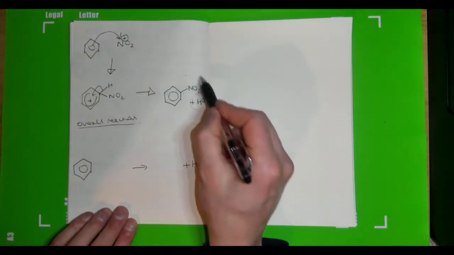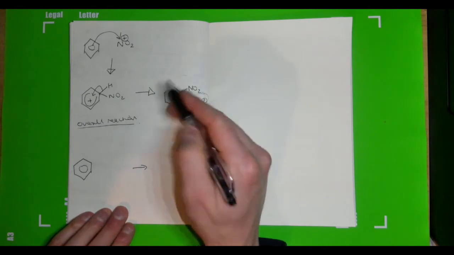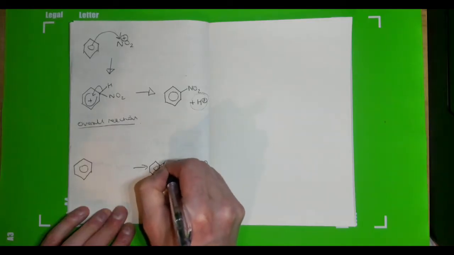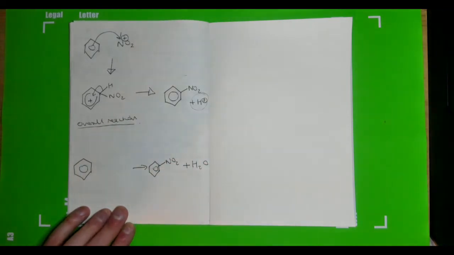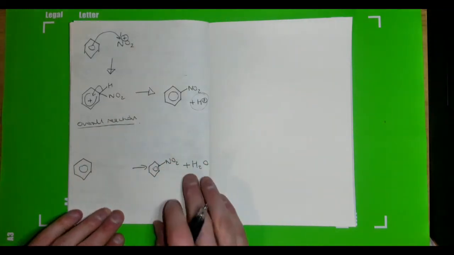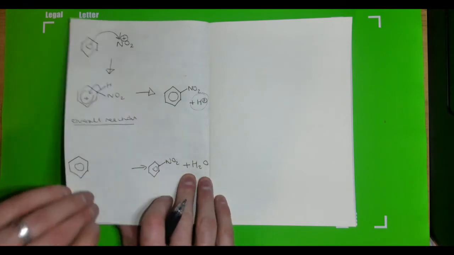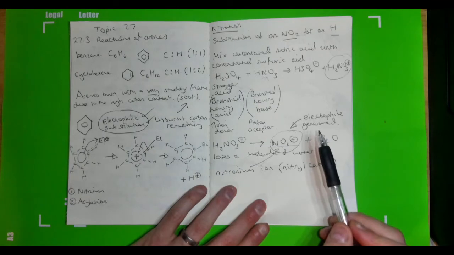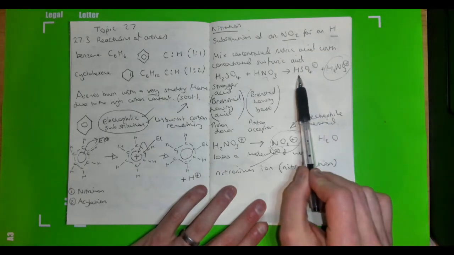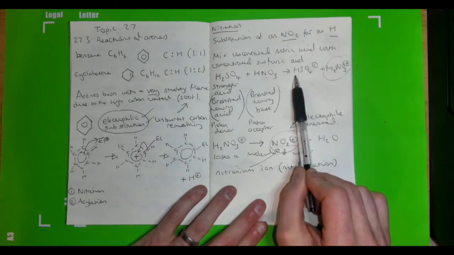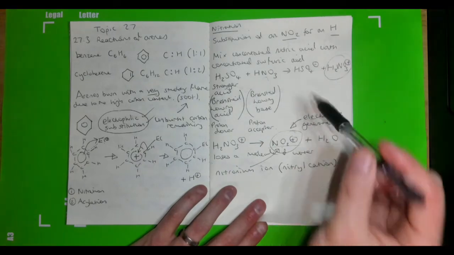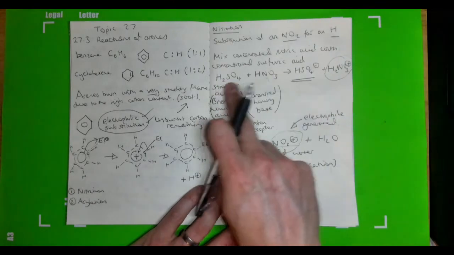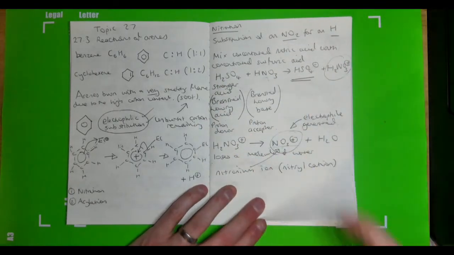We've now nitrated this benzene ring. So that is a product there. And what happens is, can you see this structure up here? This HSO4 minus is produced in this step.